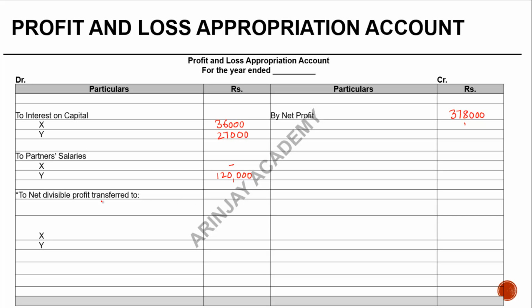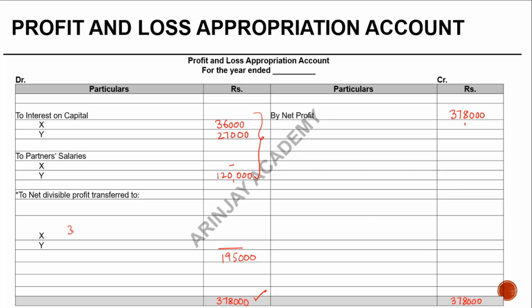Right? So what are the net divisible profit which remains? So you have 3,78,000 on this side. You have 3,78,000 on this side. The net profit number would be a balancing one which can be arrived at after reducing from 378 the sum of all these three numbers. So if you just do it, let's see how much the answer comes to. So this is going to come to 1,95,000, the total.